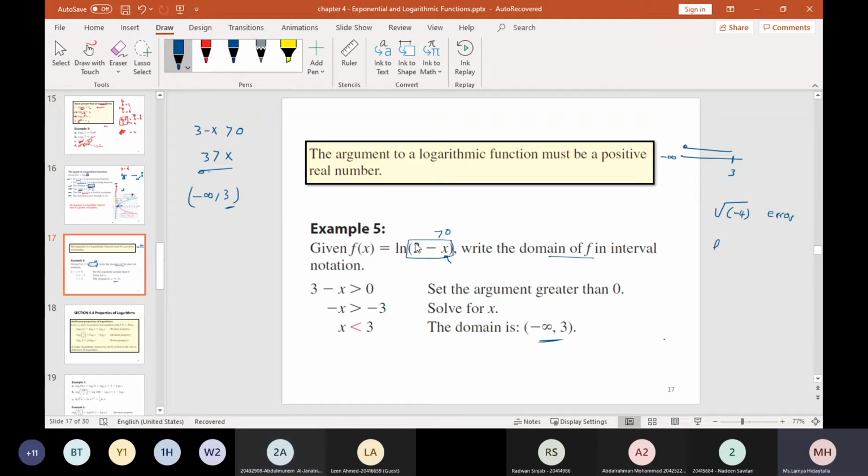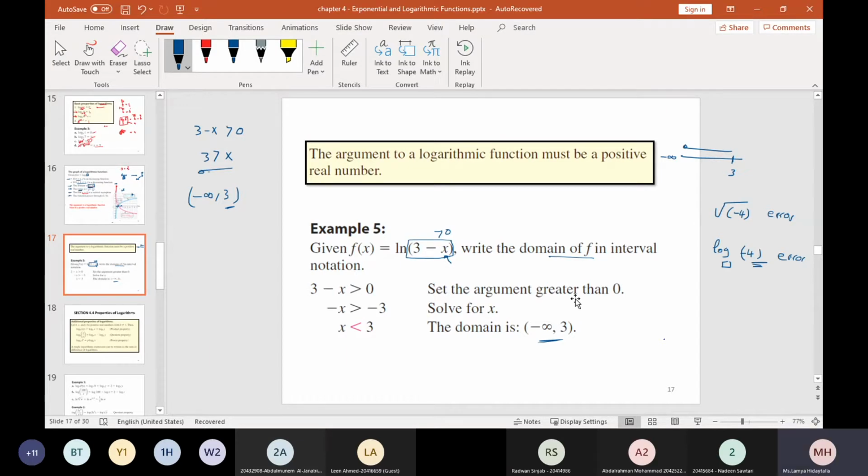Yes. Also, if you want to find logarithm to any base of the number minus 4, it's برضه going to give you an error. It's not defined. Clear? Clear. So always the argument inside, الفاليو حقتها, should be greater than 0.